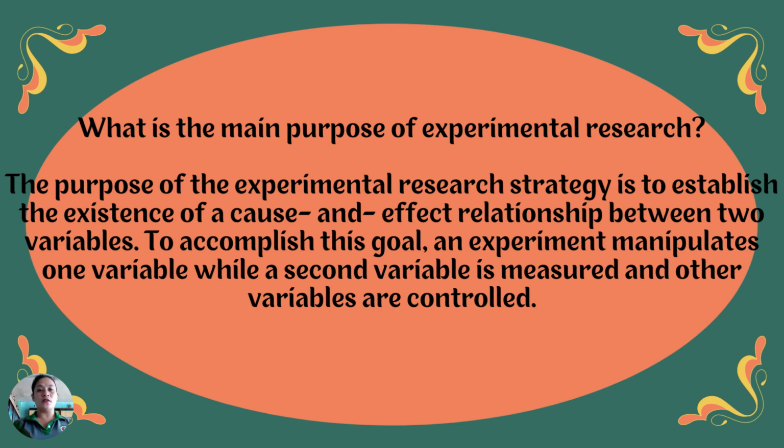What is the main purpose of experimental research? The purpose of experimental research strategy is to establish the existence of a cause and effect relationship between two variables. To accomplish this goal, an experiment manipulates one variable while a second variable is measured and other variables are controlled.